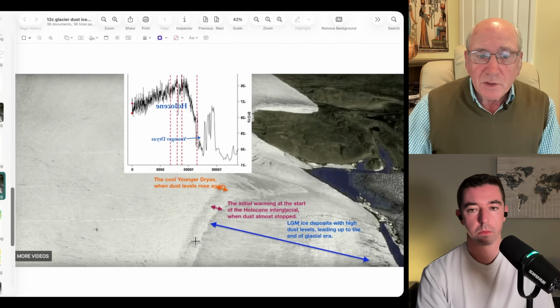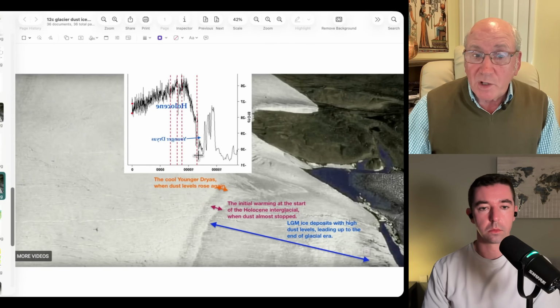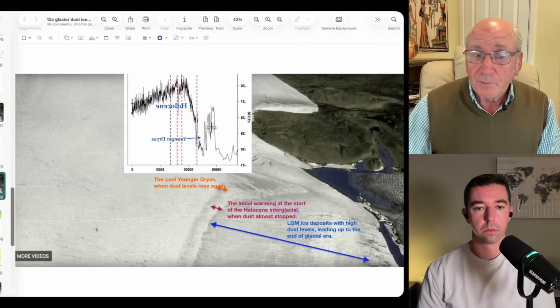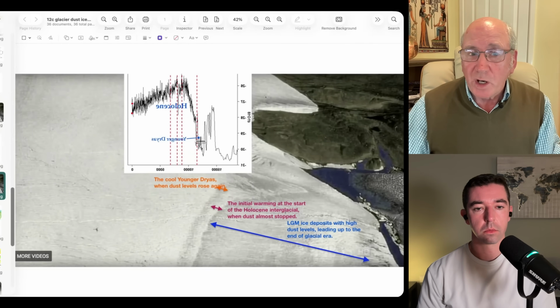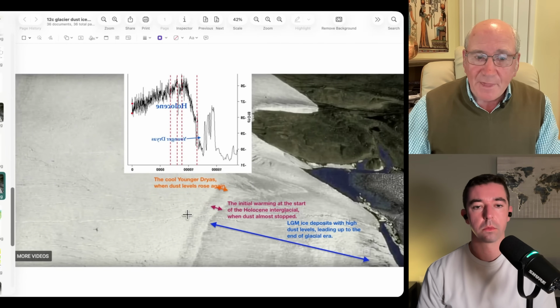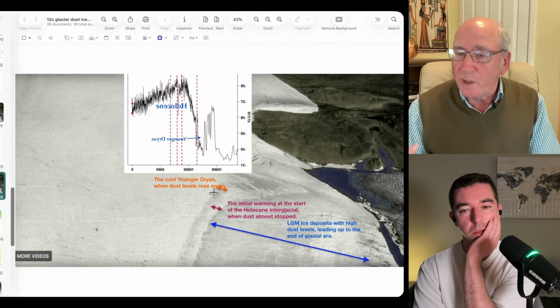Then we had this break in the dust, so the dust went away. The dust went away because it suddenly got warmer. So that was the initial warming. Then the dust came back again because of the Younger Dryas cold period. And that is the Younger Dryas there, that little band of dust when the dust came back again.